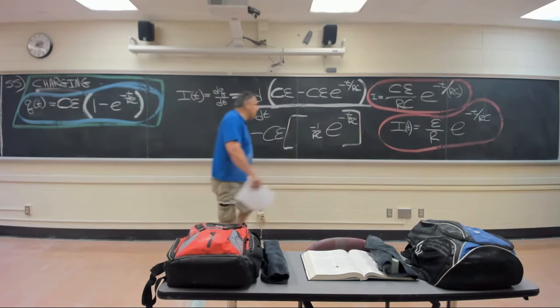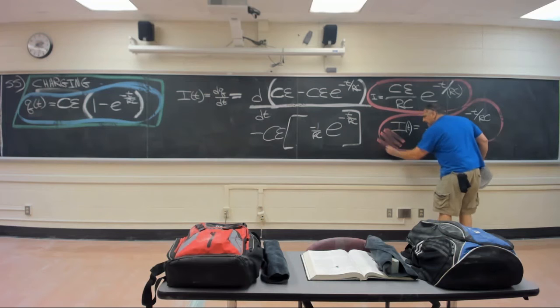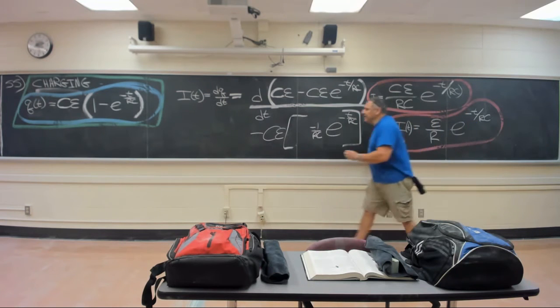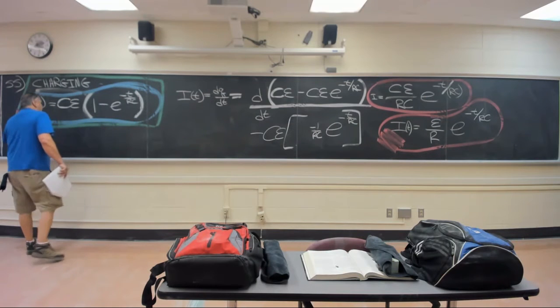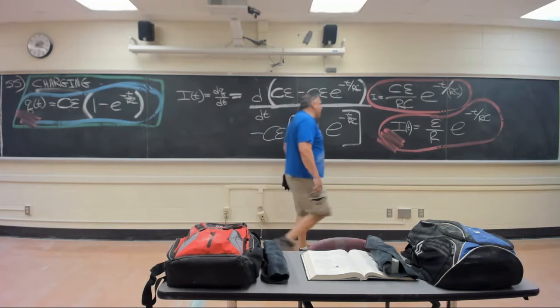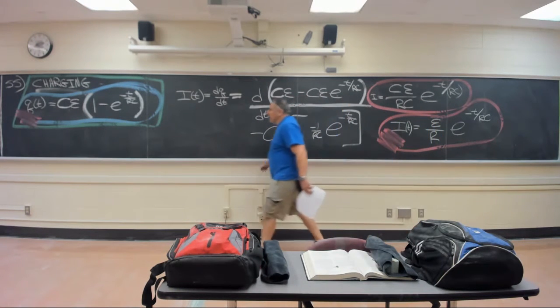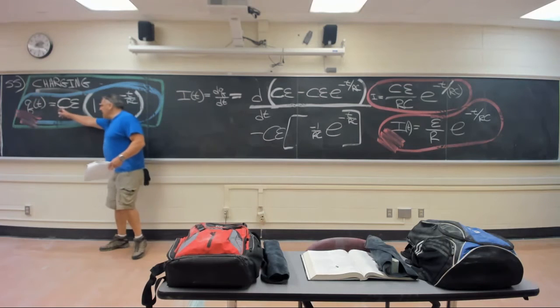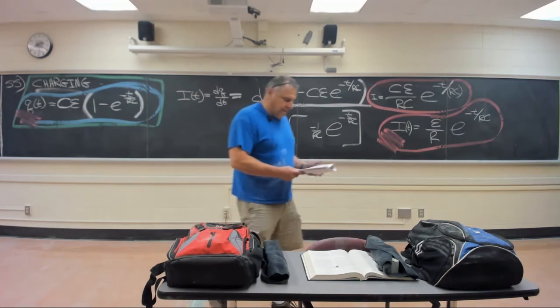When you look at them, you've got this, and you've got this. Now, you can use the language of E over R is maximum current, and CE is maximum charge. I don't know, I wrote it in different ways.